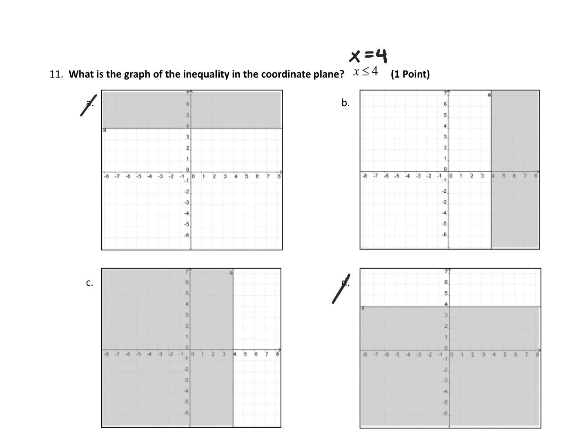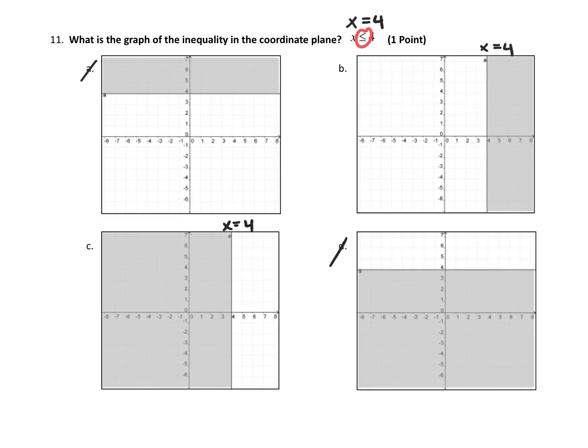So now we just have to look at B and C. They are both the correct line of x equals 4, but which one is going to be shaded correctly for less than or equal to? Any number that is less than or equal to 4 is going to make that inequality true.